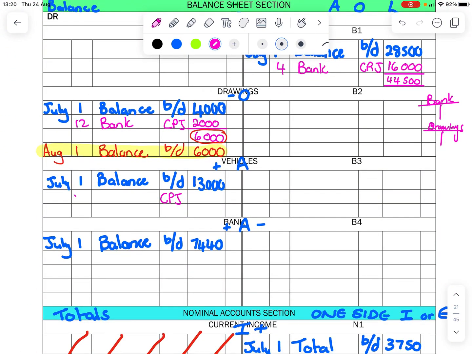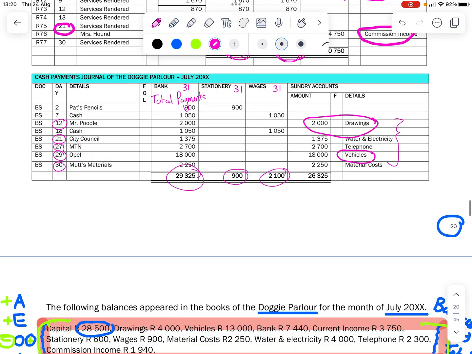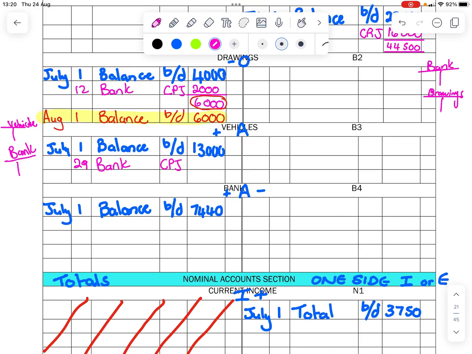So the date that we use is the 29th. Again, if we were to draw two T's for vehicles, we would have vehicles and our contra account, which is always bank. We'd have bank as our detail. And the amount that we pay for our vehicle on the 29th was 18,000 Rand.